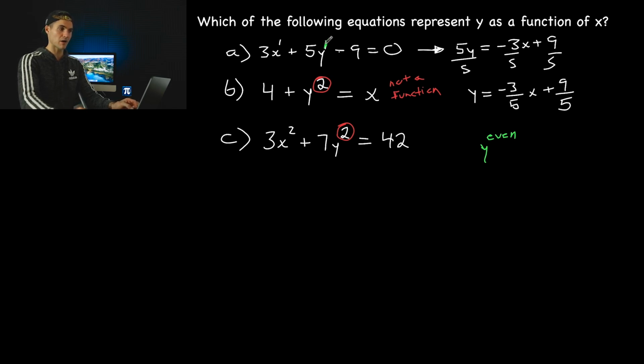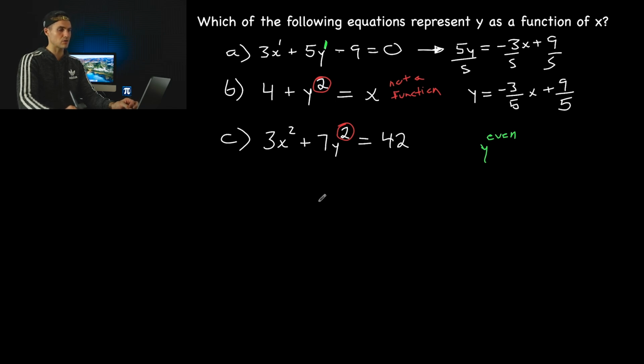We had y to the power of 1 here, or if we had like y to the power of 3, for example, then you can't just come to the conclusion that it's not going to be a function. There's further work required, but in this case, whenever you have an even exponent, pretty much always it's not going to be a function of x.